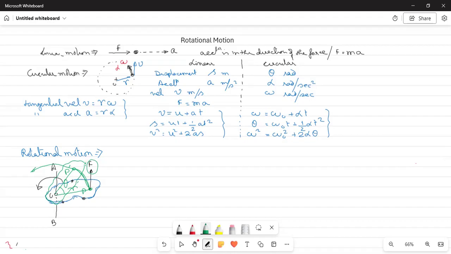In rotational motion, a new terminology comes which is called torque. Normally, it is designated by the lowercase Greek letter tau, and in some textbooks, it is also designated by capital gamma.